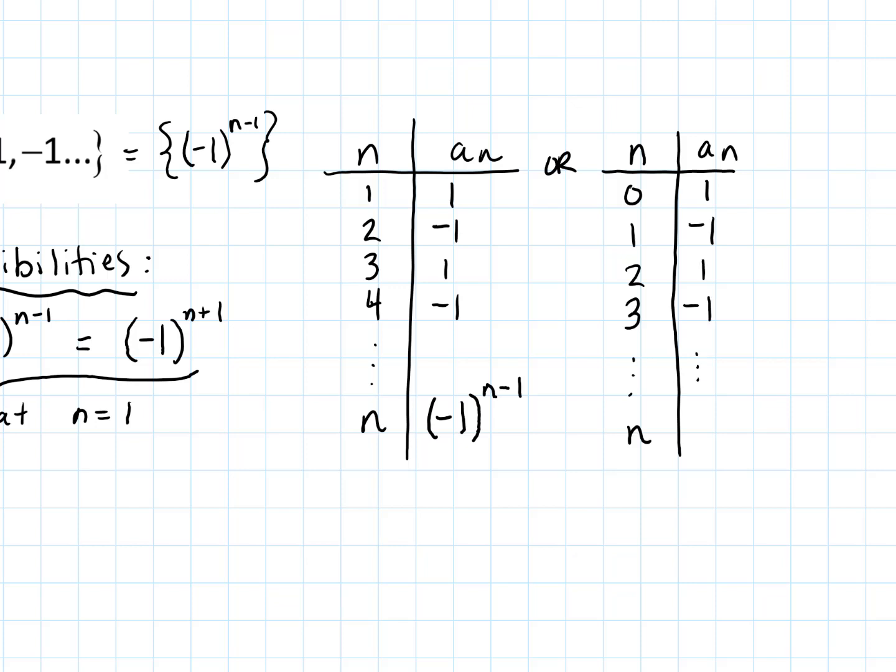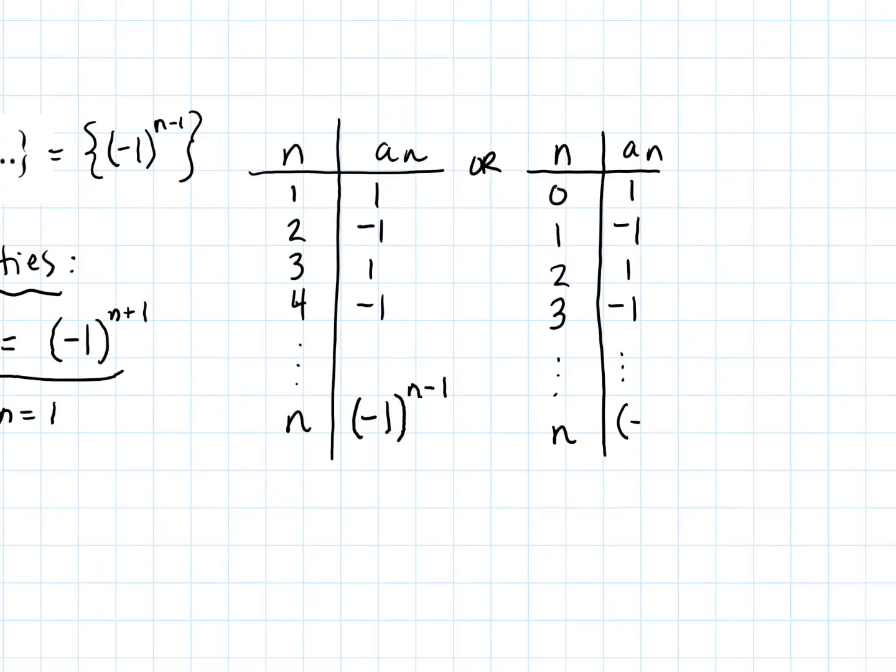So if we had started the sequence at n equals 0, then this would have become -1 to the n. Notice that this little shift is what we call a shift in the index, and a shift in the index made a shift on the power as well.